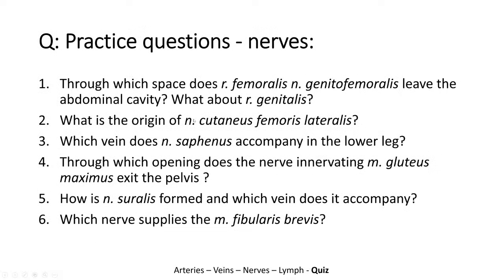Otherwise, you can still do them. You can pause the video or something. Up to you.